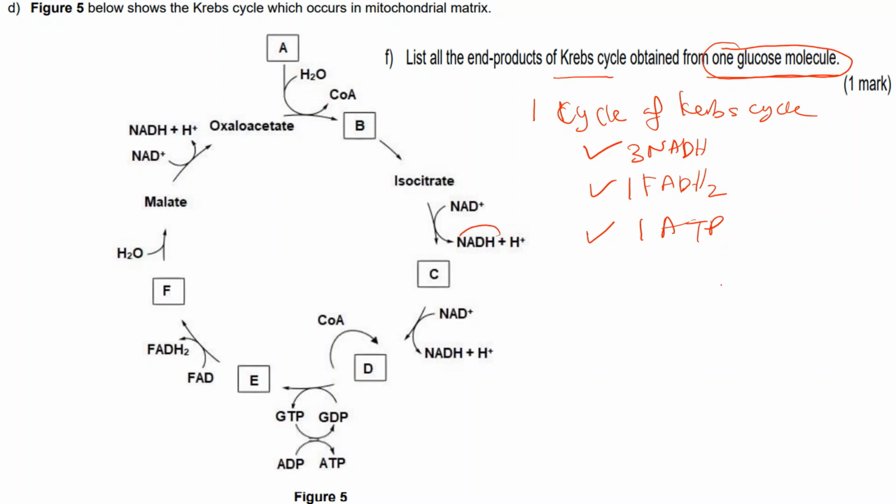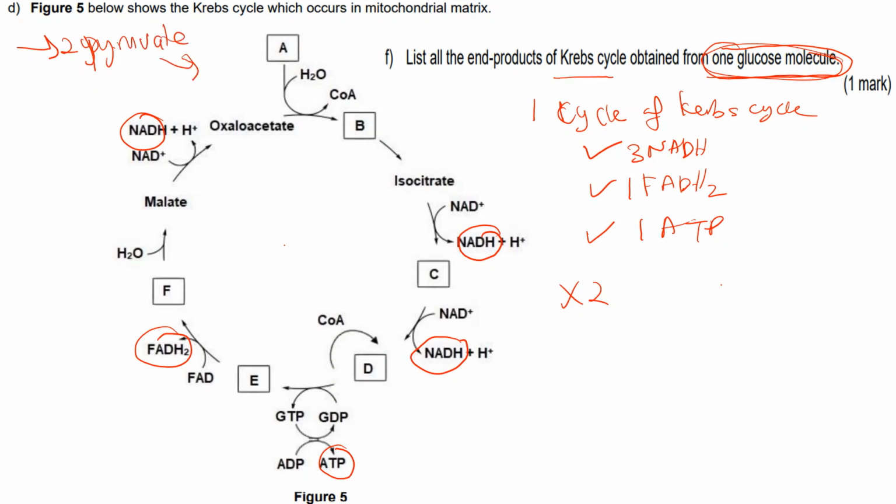3 NADH, 1, 2 and 3, 1 FADH2 here and 1 ATP here. But the question asks for 1 molecule of glucose, so the Krebs cycle has to occur 2 times. Because 1 molecule of glucose during glycolysis breaks into 2 pyruvate, and then pyruvate into acetyl-CoA, and each acetyl-CoA enters 1 cycle of Krebs cycle.